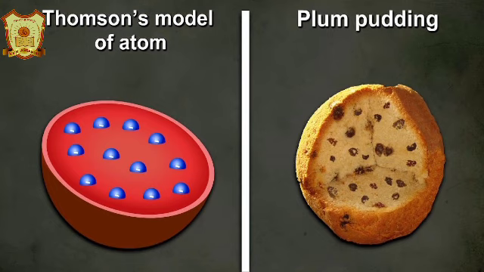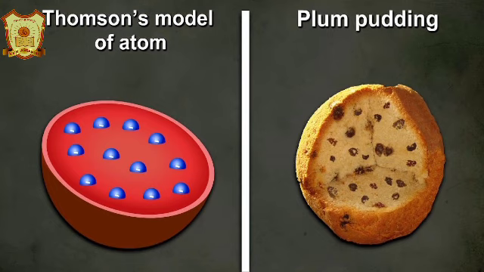Right. So the very first thing that Thomson talked about was that atom is composed of protons as well as electrons. The second point that he discussed was that there is a positively charged sphere in which electrons, or the negative charges, are embedded.